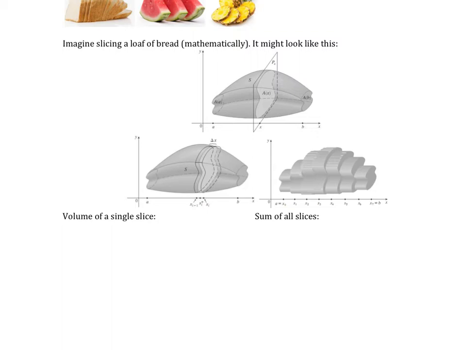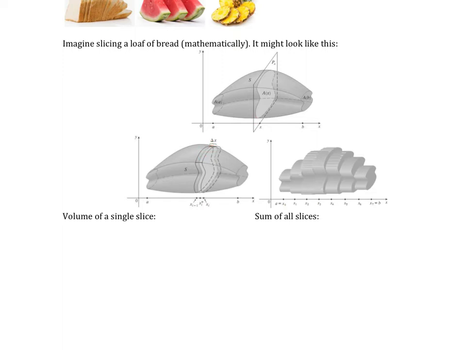So we know then that to find the volume of this shape, if I want to take the volume of a single slice, what we're going to do is make the thickness, instead of it being this two-dimensional piece, three-dimensional.